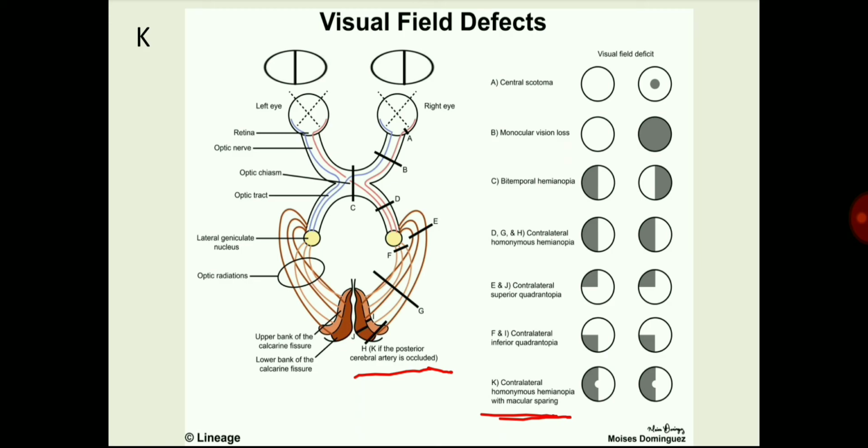So in this case, if this region is affected, the macular region is unaffected, so the central vision in this central region will be spared.